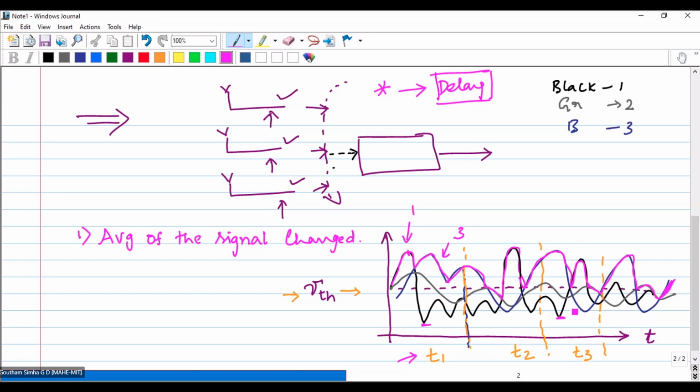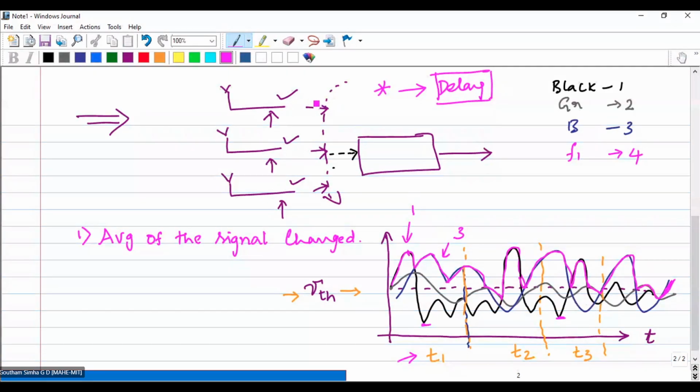It depends on how the SNR is varied. Now you have to compare the dynamic range of the final signal, that is the pink one, whatever I have marked, with the individual signal. What has happened? Dynamic range of the combined signal has reduced. Means the SNR level will not go below this threshold SNR or the threshold value at all times.